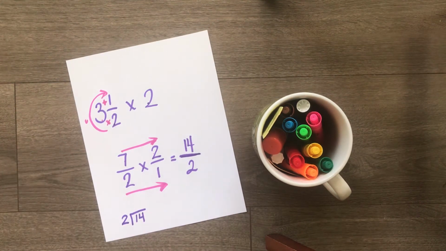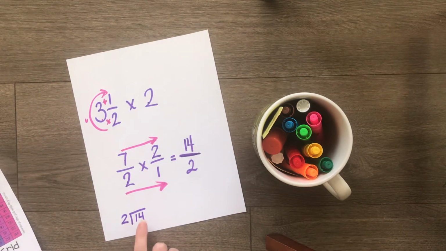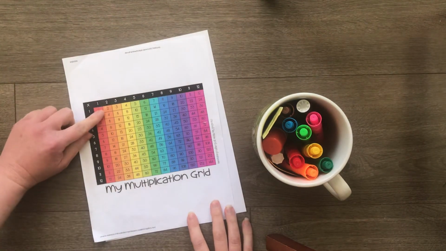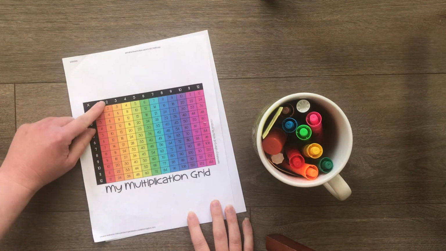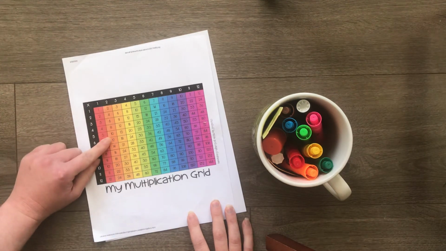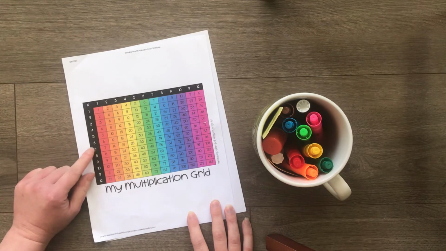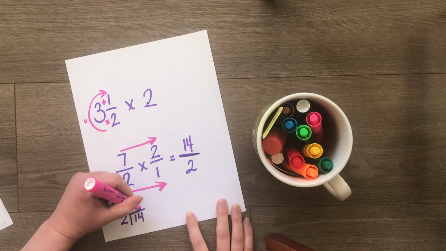Now here's where my number grid comes in handy again. How many times can I count by 2 without going over 14? So I start in my 2 column, I go all the way down. I can count by 2's 7 times without going over 14. So I'm going to write that down.